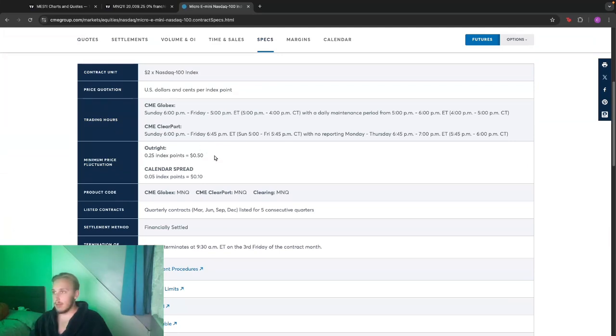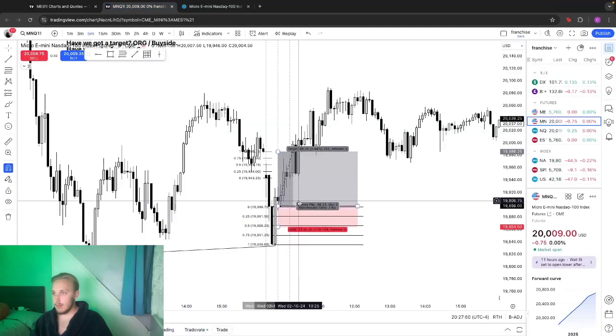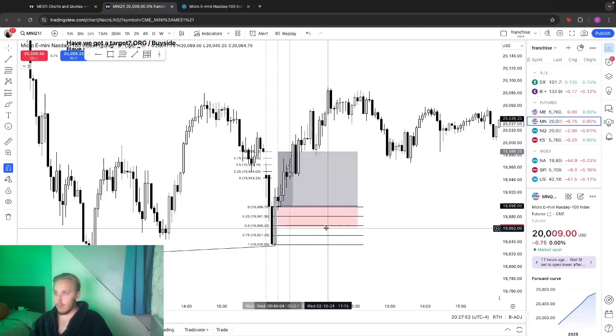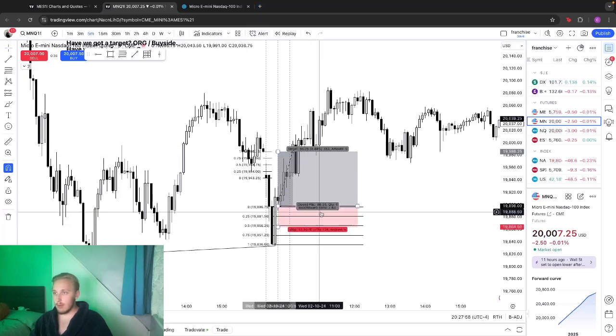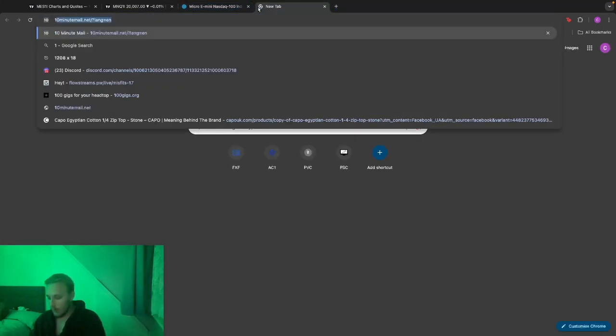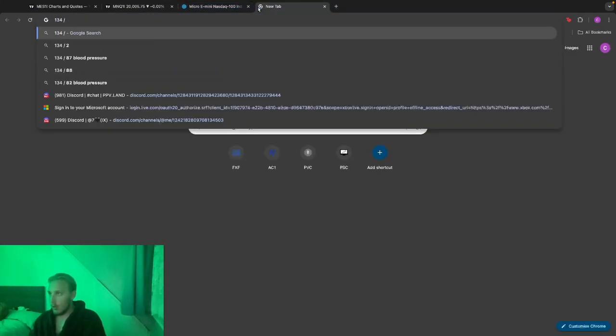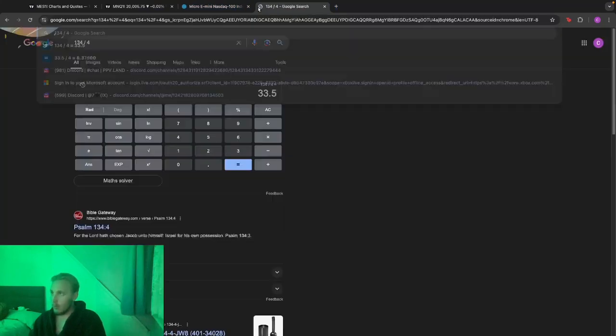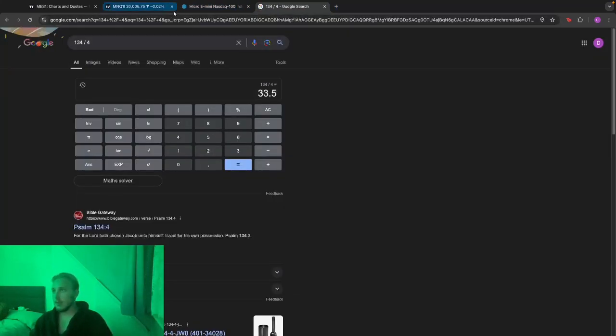But as we can see, each tick is 50 cents. We've got 134 ticks. This is always ticks, this is points. 134, we divide that by 4. We get 33.5. That's just because there's 4 ticks in a point.